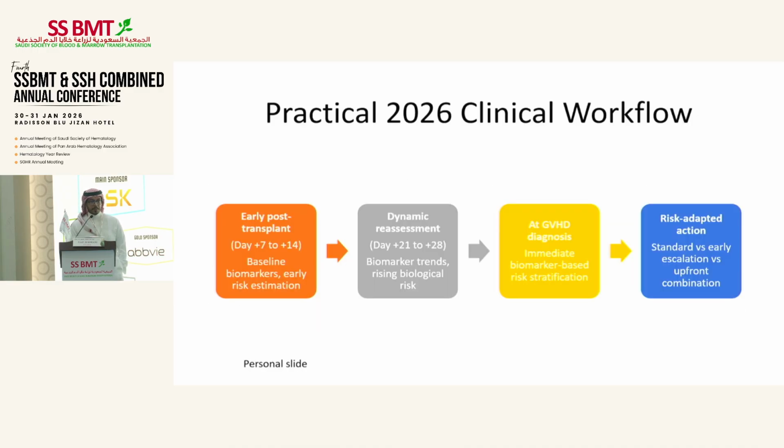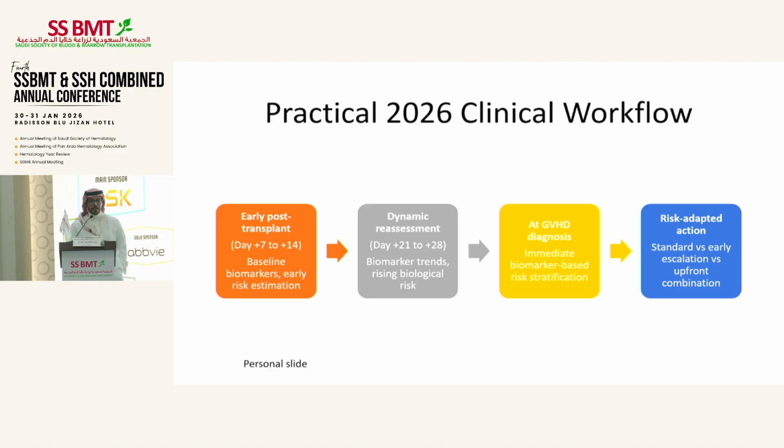So this is just a workflow. If you have access, you can do early baseline biomarkers for early risk estimation. And then subsequently on day plus 21 and day plus 28, you can look at the biomarker trend, whether they are rising, stabilizing, or declining. Once the patient has acute GVHD, you do your risk stratification based on MAP, and then consider your actions for this specific patient.